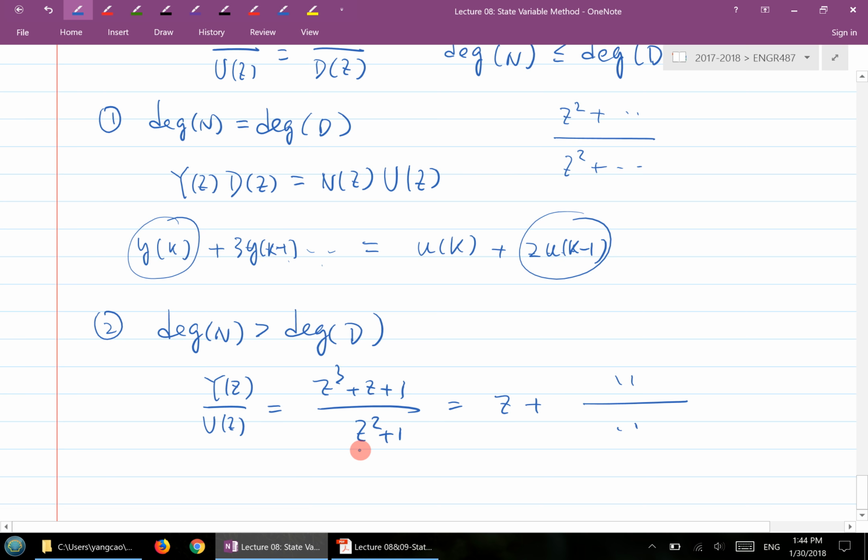So when you divide the top by the bottom, let's see.